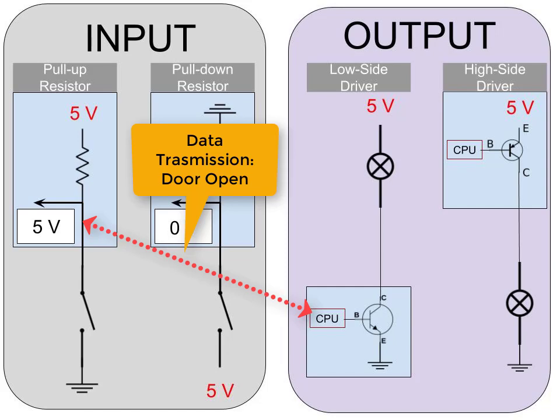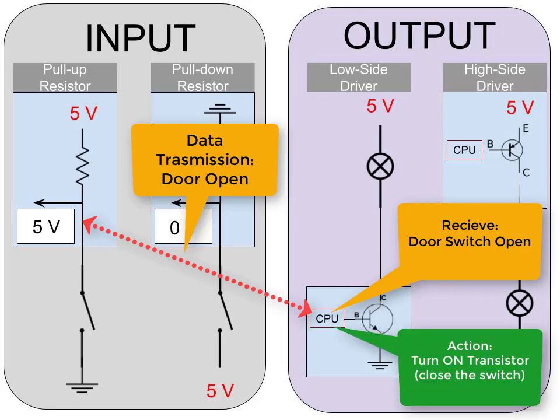The CPU would then respond by indicating that it understood that the door is in the open position. That would then tell the CPU to command the transistor to the on position, which in a sense is closing the switch, and then providing ground to the load, which would then illuminate the interior lights.